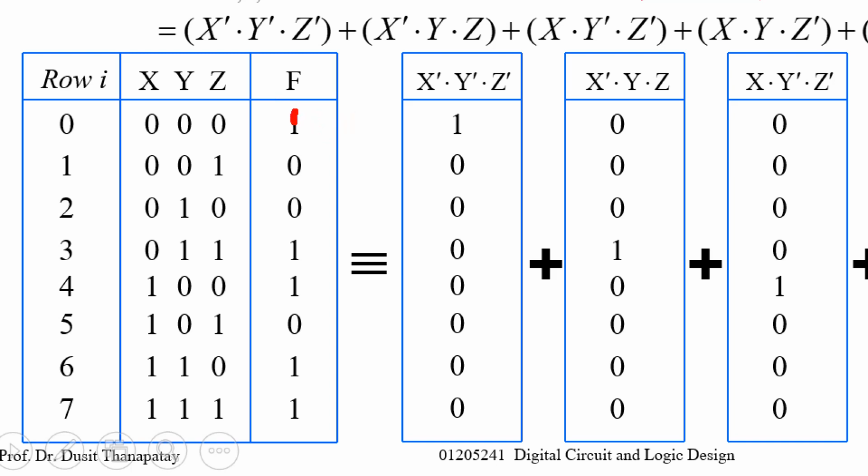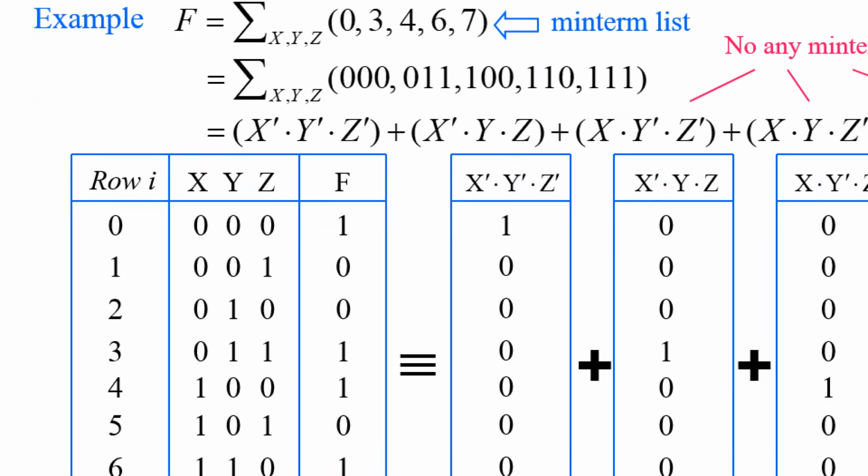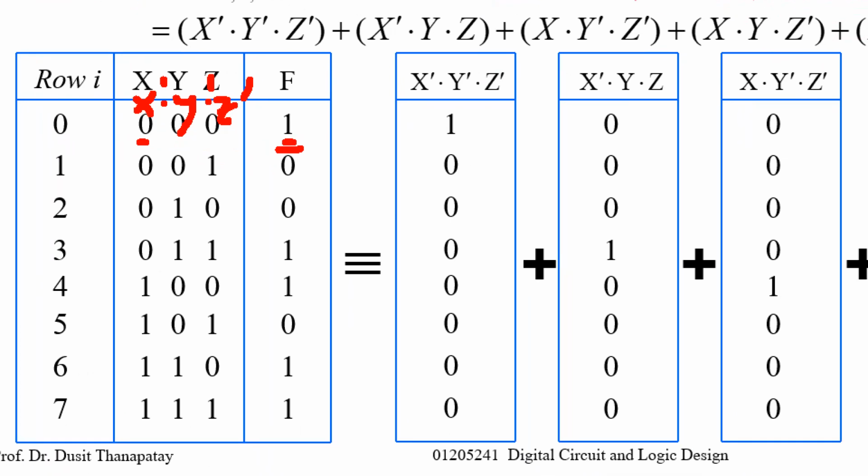Namely, this function will be 1 when input is 0, 0, 0. That means you might think of a min term, right? This term will be 1 in only one case, when x is 0, y is 0, z is 0. That means this term is x prime and y prime and z prime, right?